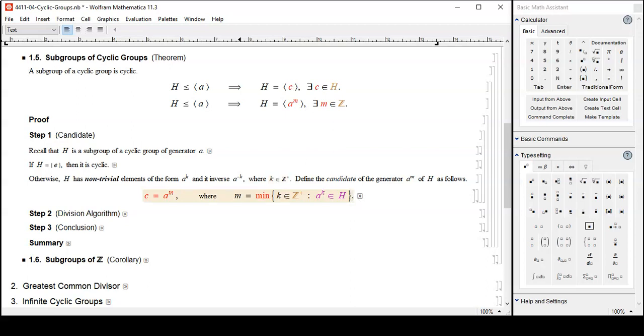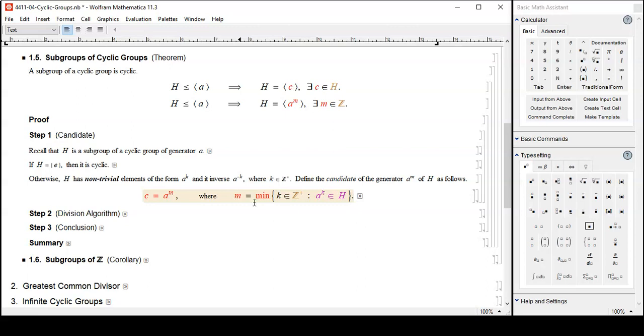Remember, every non-empty subset of Z plus has the minimum because Z plus is well ordered. If you have an empty set, then you don't have a minimum. So this process here ensured that this set is non-empty, so the minimum exists, and we define m as the minimum. So m is well defined, so a to the m power is well defined, and consequently C is well defined.